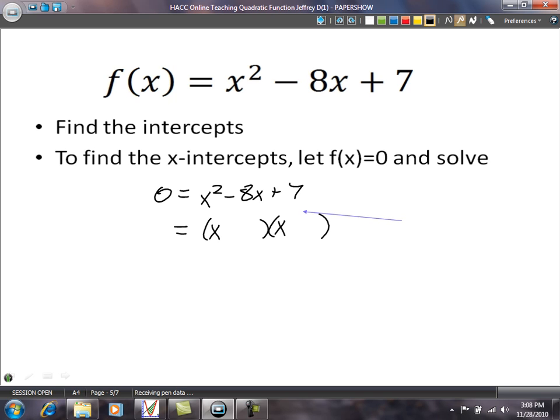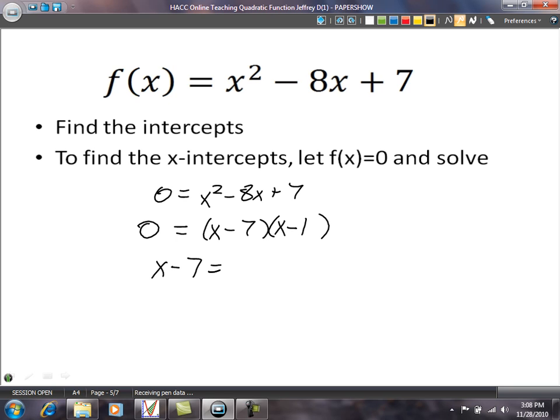Because the first product is x squared, I know I'm going to have x and x, and the last sign is positive, so we have the same sign, and that sign has to be negative. And then factors of 7 that combine, we're going to get (x minus 7) and (x minus 1). So using the zero product rule, whatever makes each factor 0 will give us a 0 product.